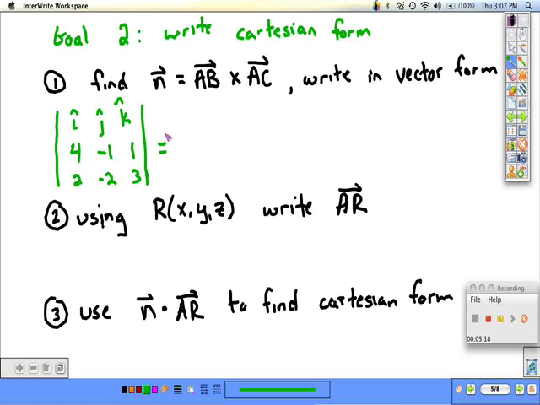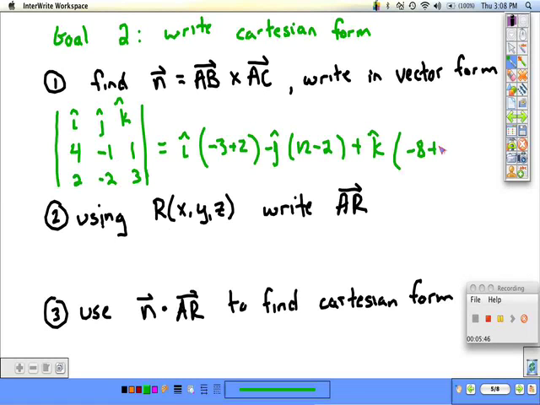This cross product definition is in your notes packet, as is how to find this 3 by 3 determinant. But it's going to be i times (-3 + 2), minus j times (12 - 2), plus k times (-8 + 2).